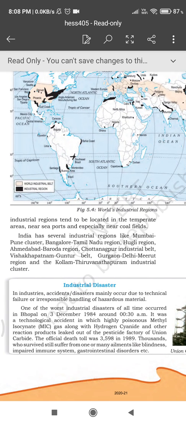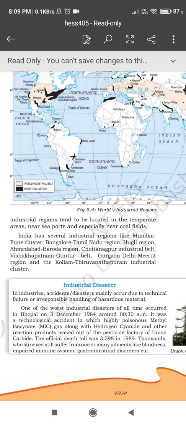Next is industrial disaster. Industrial disaster means an accident or disaster that mainly occurs due to technical failure. One example is Bhopal gas tragedy that occurred on 3rd December 1984. In this disaster, the death toll that was officially counted was 3,598.